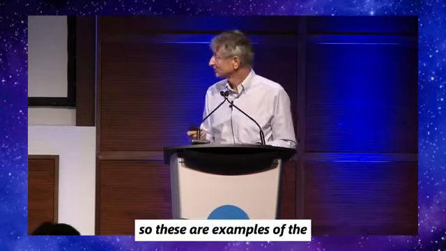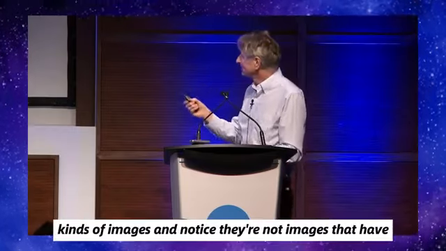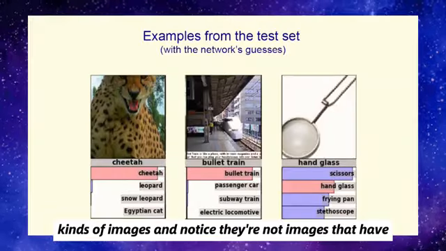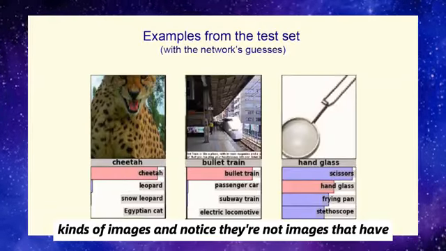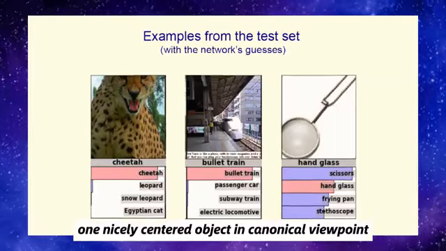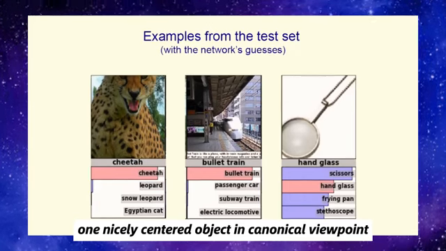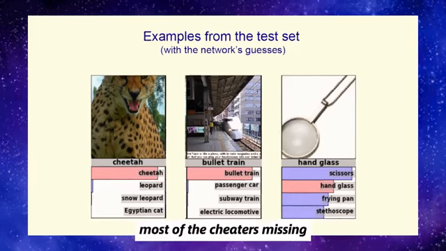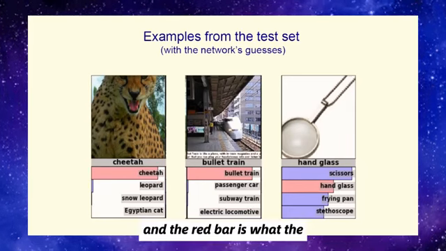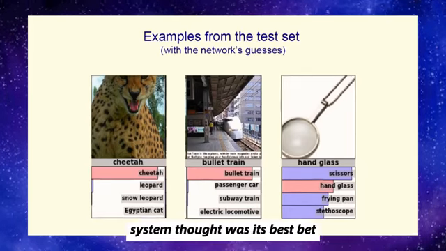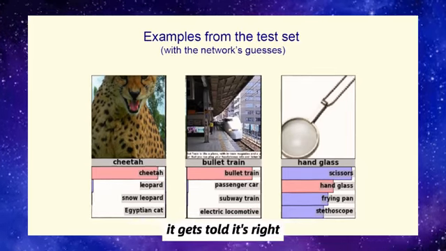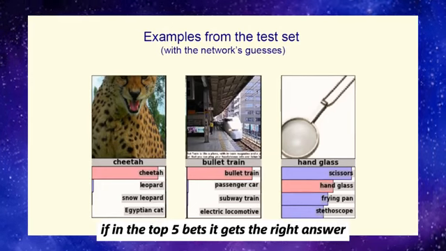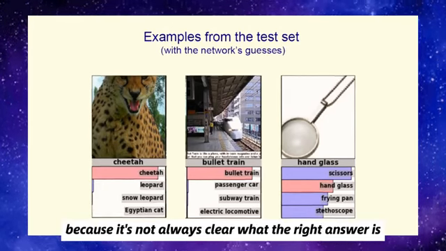So these are examples of the kinds of images. And notice they're not images that have one nicely centered object in canonical viewpoint. The red bar is what the system thought was its best bet. It gets told it's right if in the top 5 bets it gets the right answer, because it's not always clear what the right answer is.